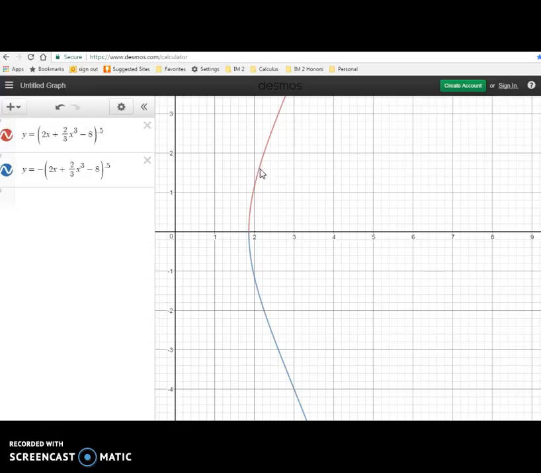In blue, we have the negative square root of 2x plus 2/3 x cubed minus 8, and we see that the initial condition of 3, negative 4 occurs on the negative part of this function.